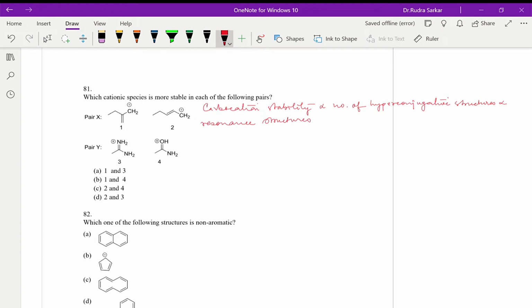From hyperconjugation we get the idea that 3 degree is more stable than 2 degree, which is more stable than 1 degree carbocation. Now if we draw the resonance structures of the pair X, we will find as follows. In both the structures it is 1 degree, right?